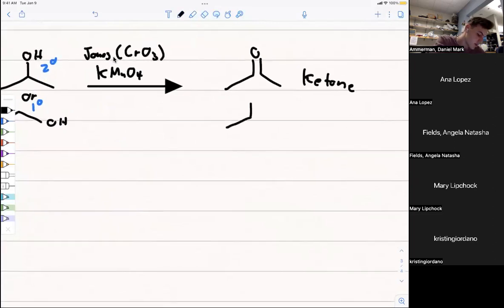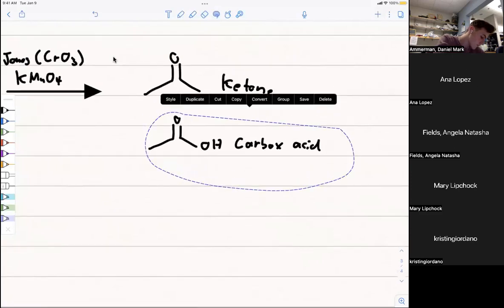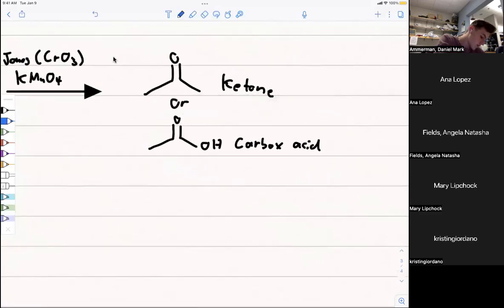So this will make a carboxylic acid. And I'll indicate again, up here that's if it's secondary, and down here that's if it's primary.